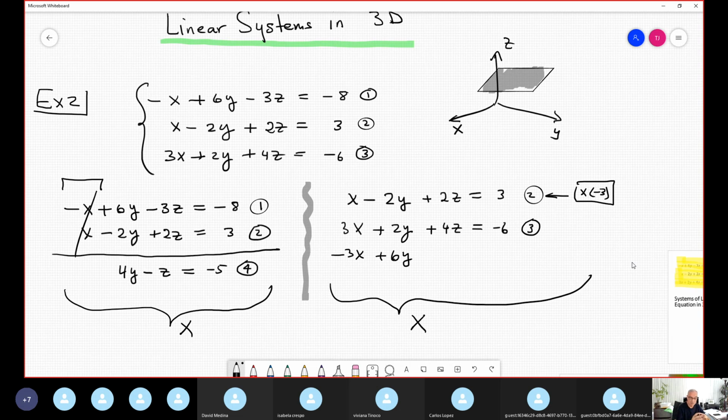Because what is the final condition? The final condition is I have equation 4, which depends only on y and z. So I need another equation 5 that depends only on y and z. Matching perfectly, put together 4 and 5 in order to continue the process.